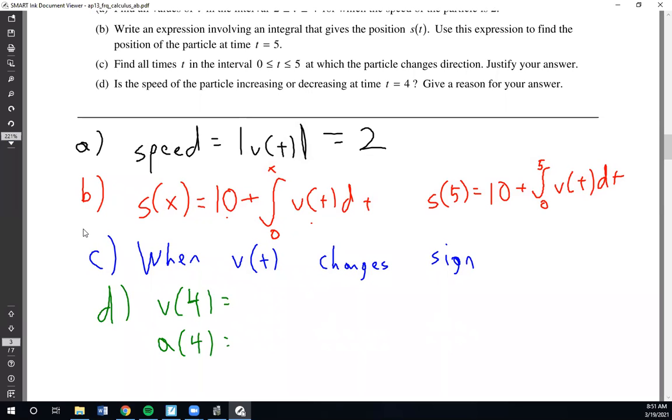Well, acceleration is going to be the derivative of velocity. So we're going to compare those and compare the signs of them. And that's where we'll let the calculator step in. So now let's talk about the calculator stuff.